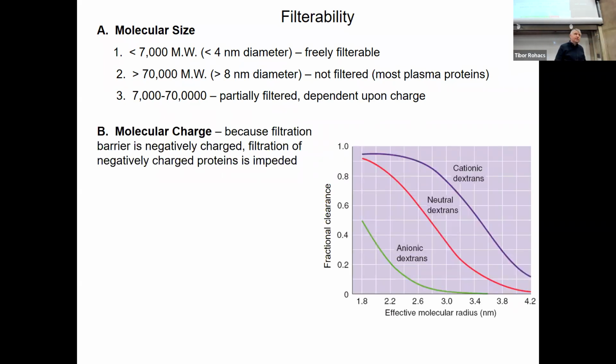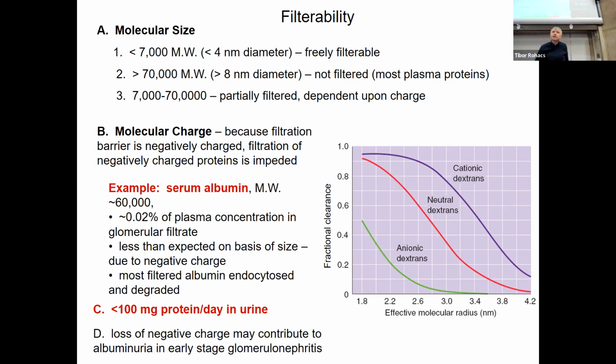And what determines how much is filtered in this intermediate range is the charge of the compounds. And the reason it's important is because albumin, which is quantitatively the most important protein in your blood plasma, is in the range that it could be to some extent filtered, but it's not really filtered too much because it's negatively charged.